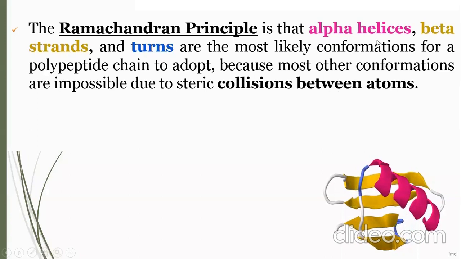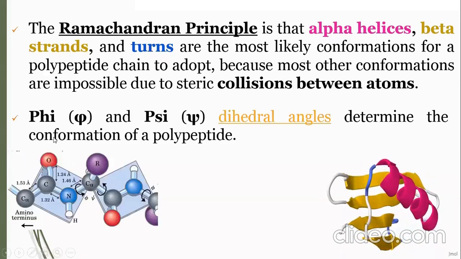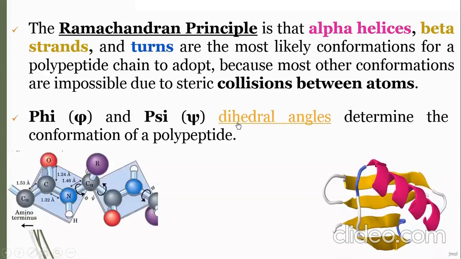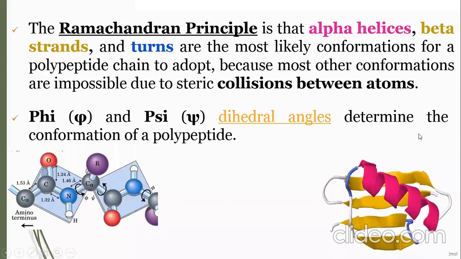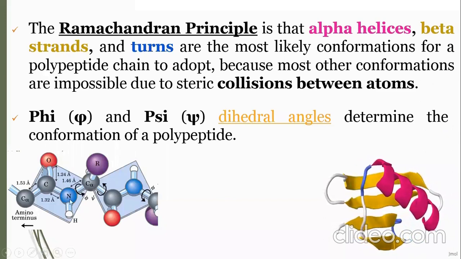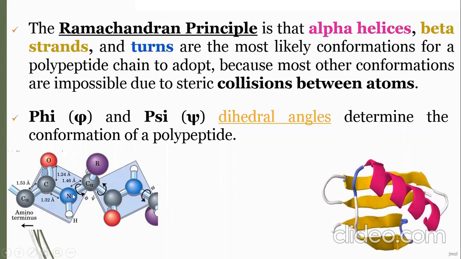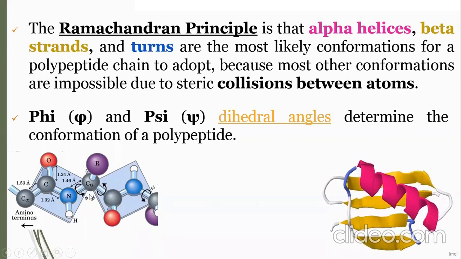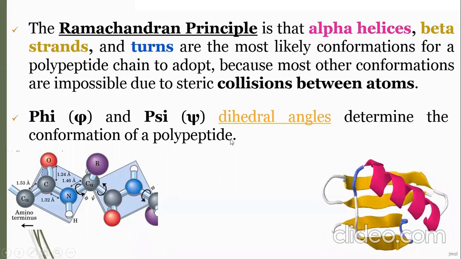The phi and psi dihedral angles determine the conformation of a polypeptide, where the dihedral angle is the angle between two planes.